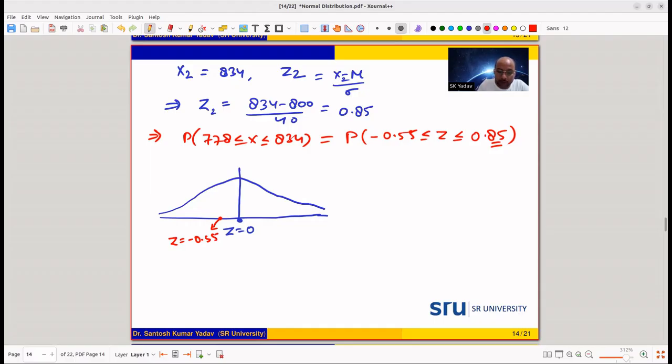here. So I should label it here. So this is z equal to 0.85. So basically I have to set this region here, and this is the required area I need to compute, or the probability required here.